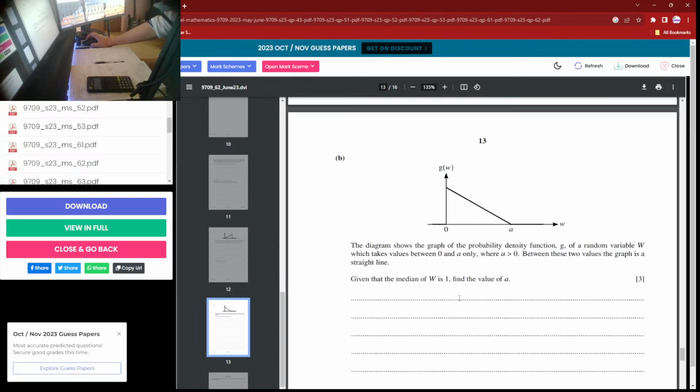I'm actually not sure. 0.5 is here, 0.5 is here, 1 will be in the middle.